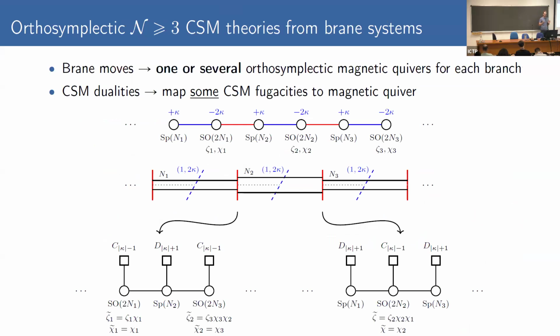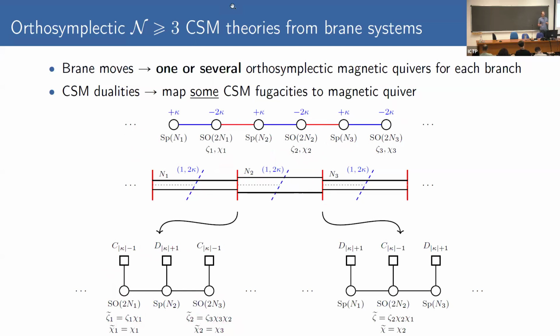The prescription is the same. You do brane moves, and then you get one or several magnetic quivers for the same Chern-Simons matter theory, the same branch. But then in order to make the computations match, you really need to take care of the sequence of Chern-Simons dualities that you have done on the brane system to go to that brane phase. So for instance, in this example, you have 6 nodes in the Chern-Simons matter quiver, so you have 3 sets of fugacities. You can go to a brane phase where you read off a magnetic quiver that is SO, SP, SO. And then you would need to match the fugacities in a manner that is written here.